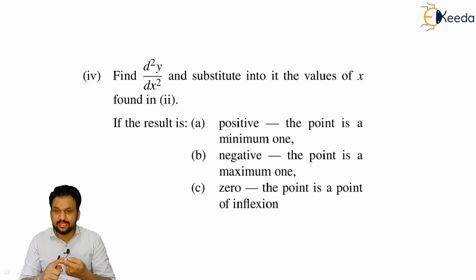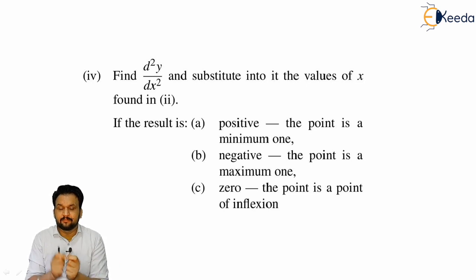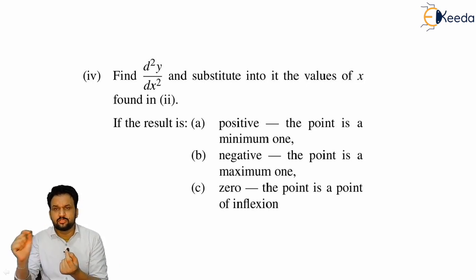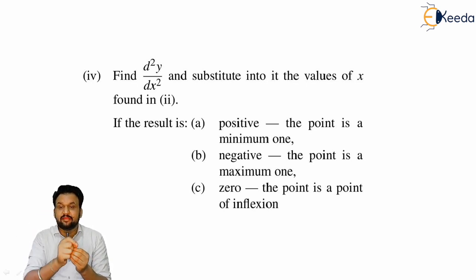So this is a methodology, but we also have a double derivative method. We find d2y by dx square and substitute the value of x. When we set dy by dx equal to 0, we got a value of x, and that value of x we substitute in the double derivative.